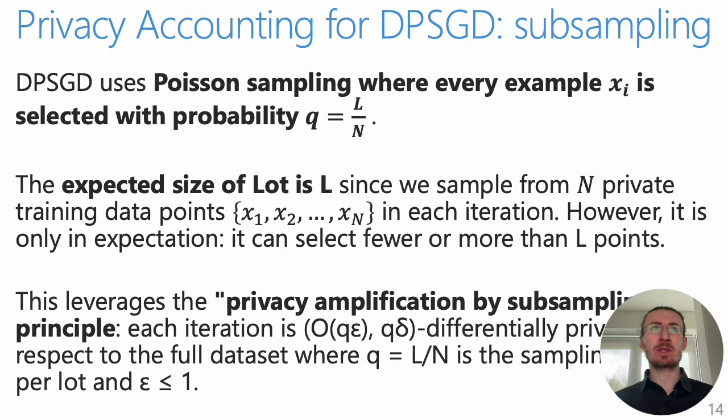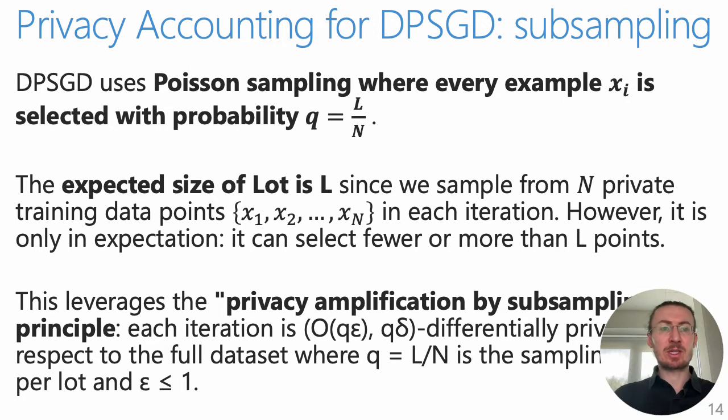Why do we use this Poisson sampling mechanism during training of our models with DP-SGD? So this Poisson sampling leverages the so-called privacy amplification by subsampling principle. And this is a very popular principle in DP literature, where we ensure that a differentially private mechanism run on a random subsample of a population provides higher guarantees than when we run on the entire population.